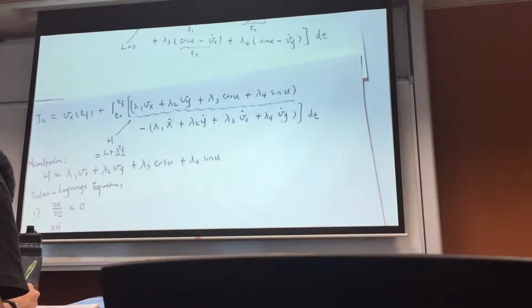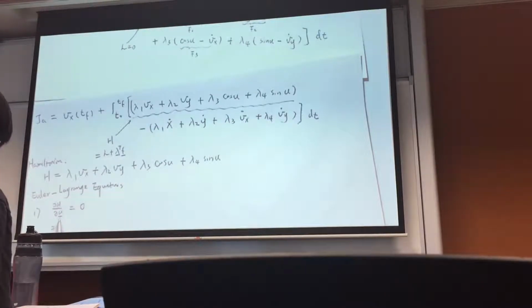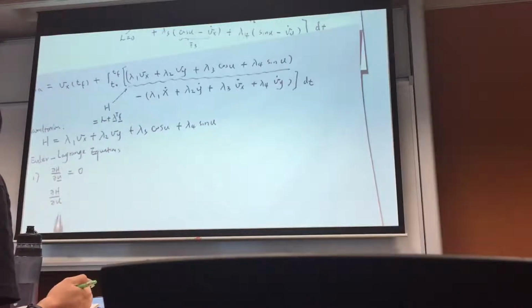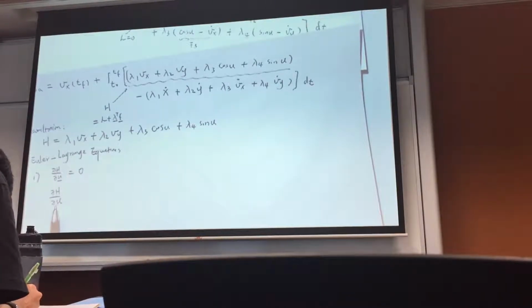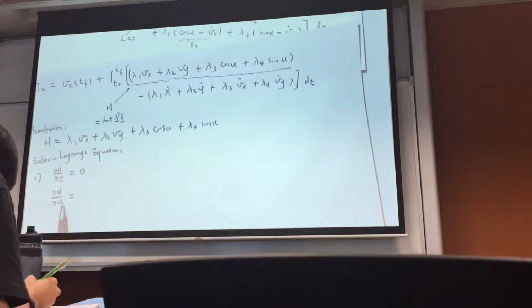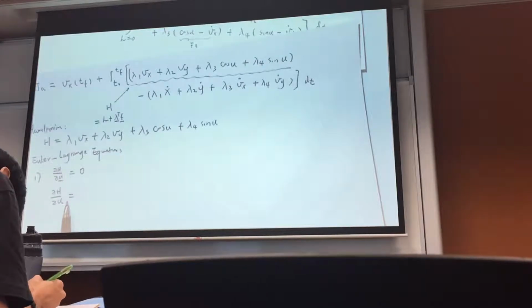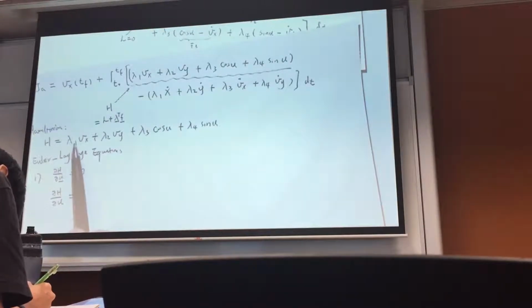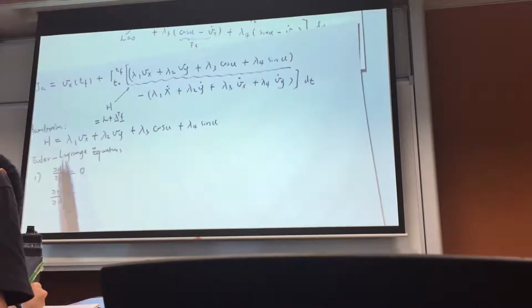Here, because we only have a single input, so it's a scalar input, I just drop the vector notation because this u is a scalar. So we have our H here. So what is dH/du? The first one is lambda 1 Vx. It's independent, it has nothing to do with u.